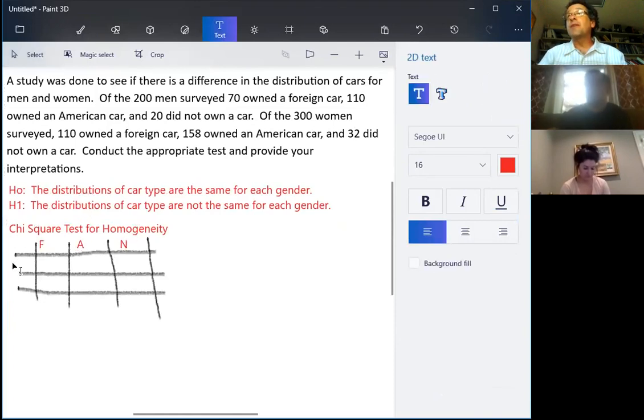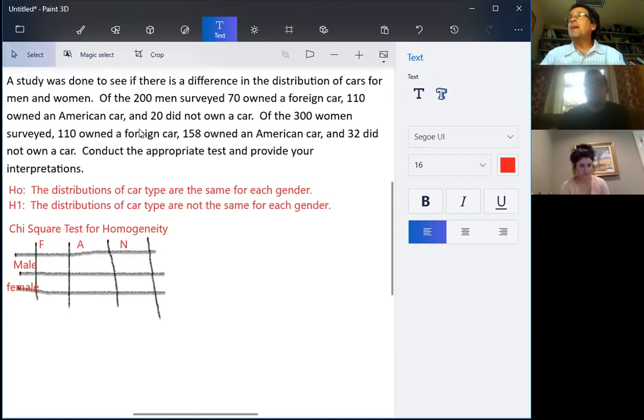And then we have male and female. Okay, and then we put our numbers in.